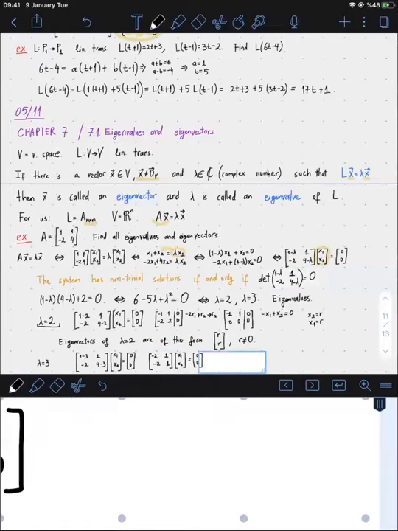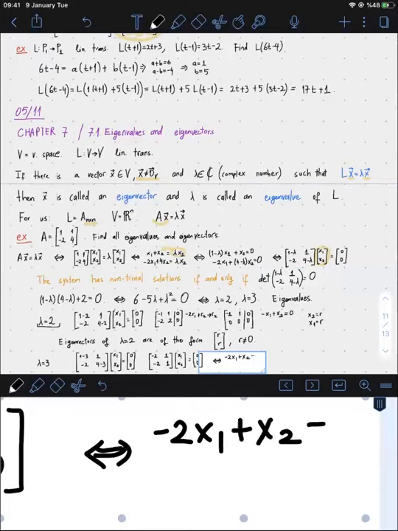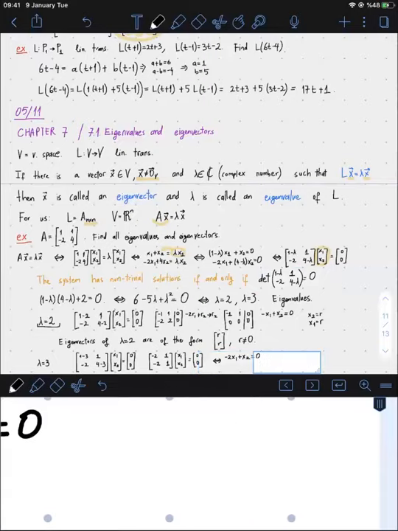So that's normal that we end up with such equations. In this case, we can easily solve this. We get only one equation. And again, let's call x1 as r, that will be easier to write. Then we get x2 equals 2r.